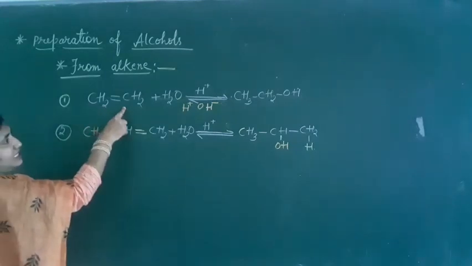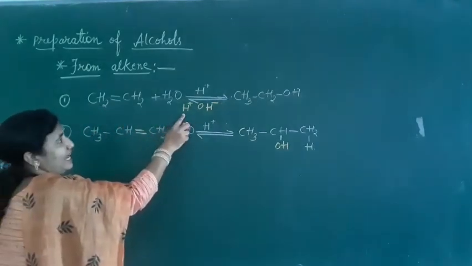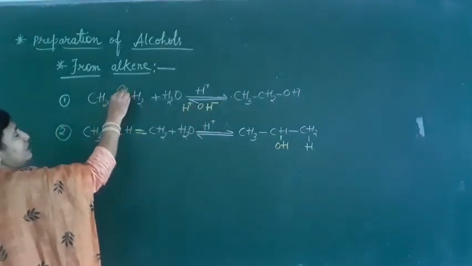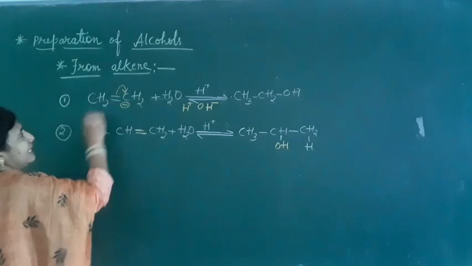To these symmetrical alkenes we just have to add one H and one OH. Suppose this is a pi bond; the pi electrons will come here, and now this carbon will get a negative charge.